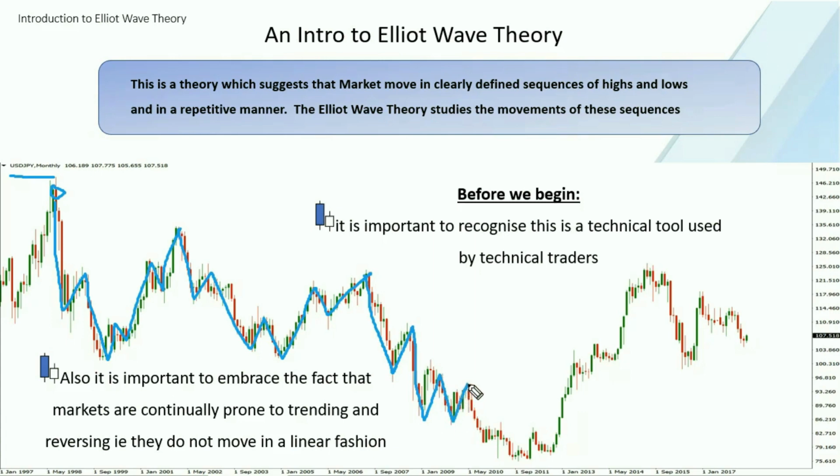So this is what Elliot was interested in, identifying and trying to understand what is going on with these market movements. And of course, the same applies to the upside. You can go through periods of price action and of course be able to identify the pullbacks as well, so that these markets constantly go through periods of trending either to the upside or to the downside.